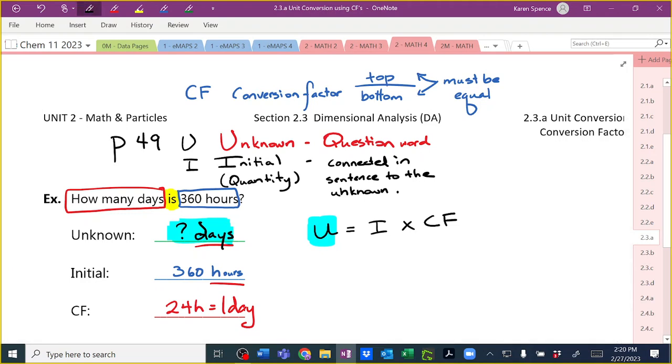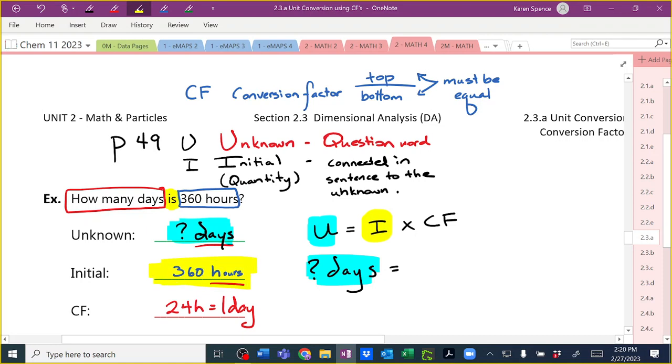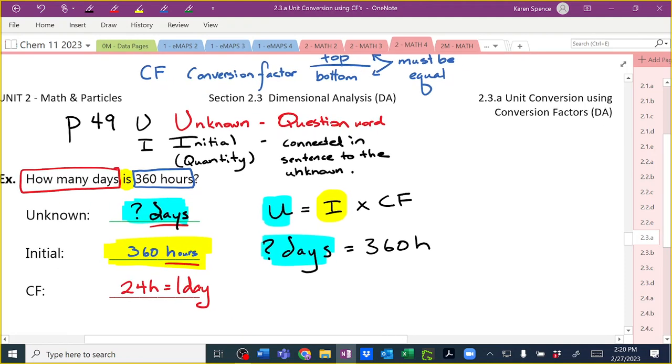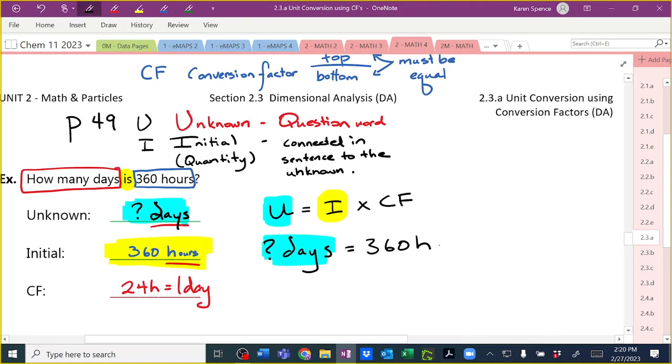So I'm going to write, I don't know how many days, is equal to my initial quantity, which is my 360 hours, times a conversion factor.